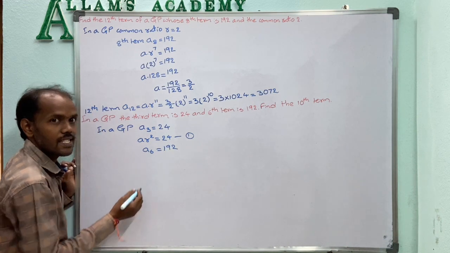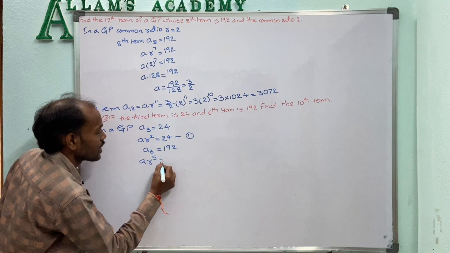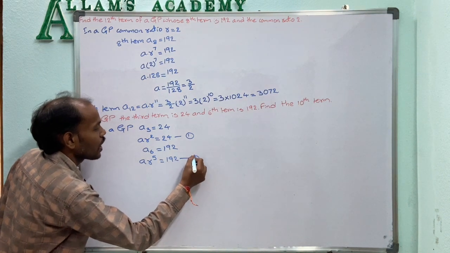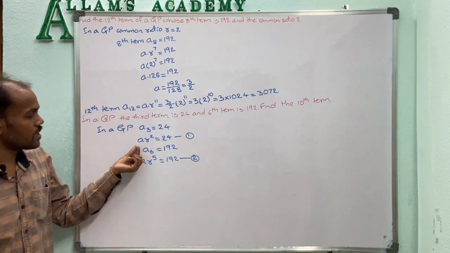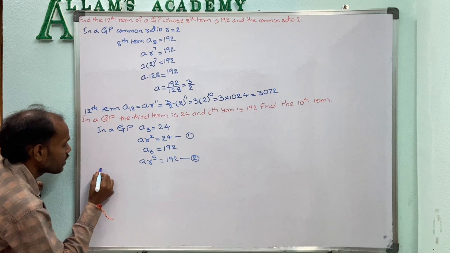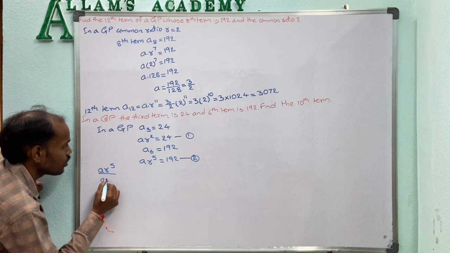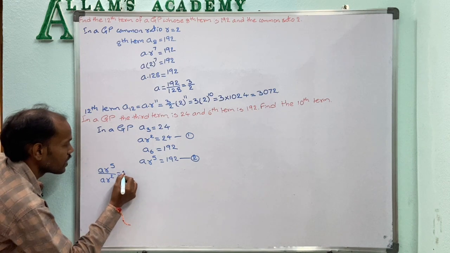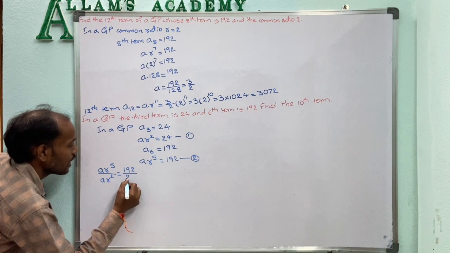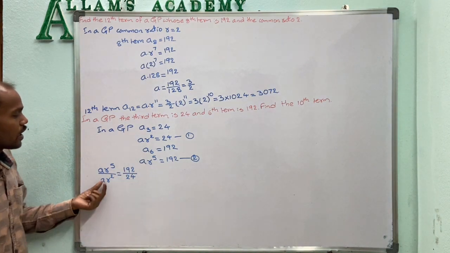So a6 is a into r power 5, that is 192. Now if we divide the second equation by the first equation, we can write a into r power 5 by a into r power 2 is equal to 192 by 24.